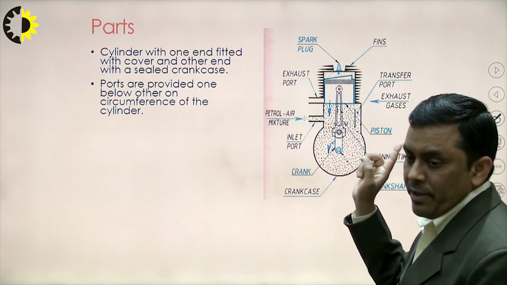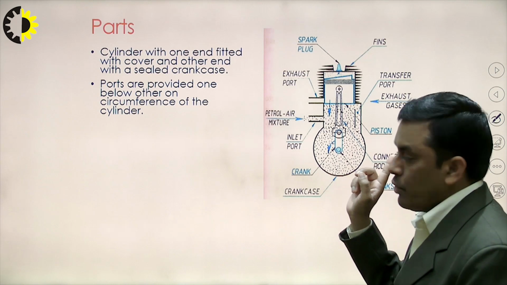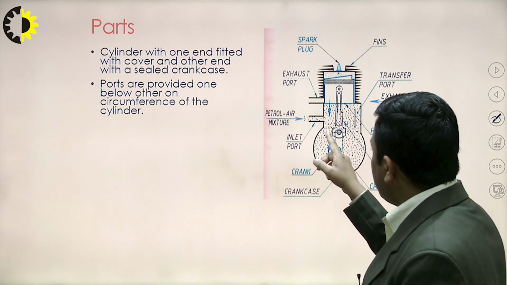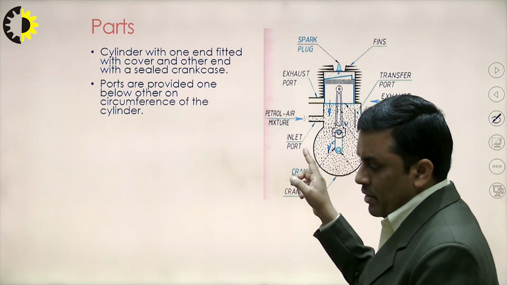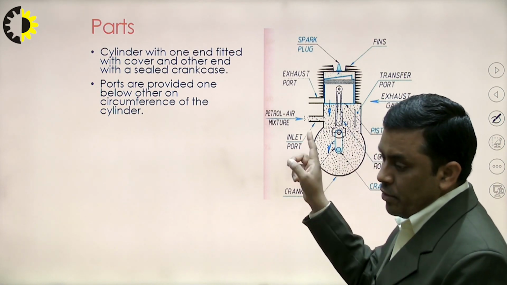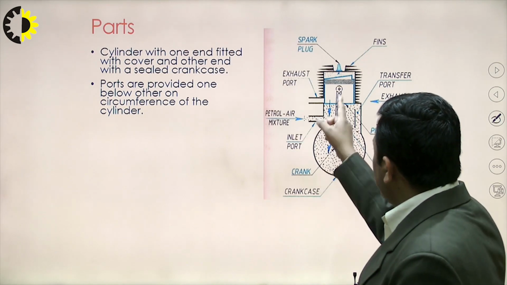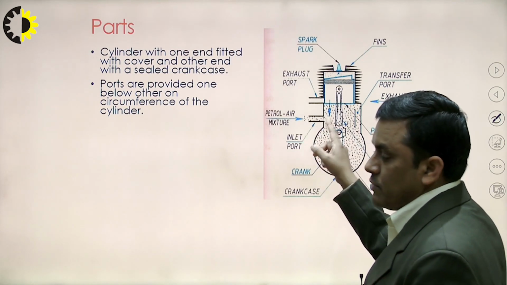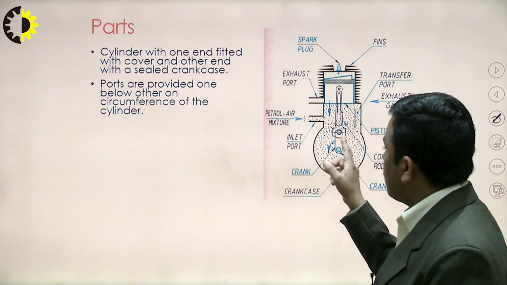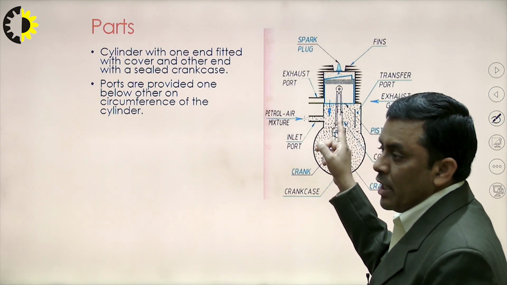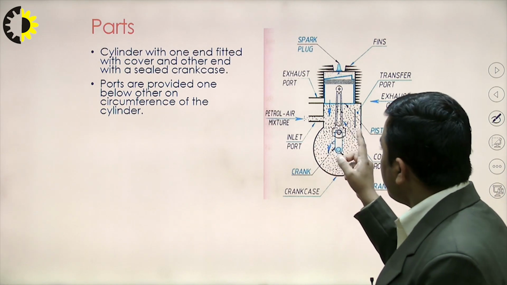The difference between 2-stroke and 4-stroke: in a 4-stroke engine we observe a valve actuating mechanism which is operated or controlled by the cam arrangement, but here instead of valves, instead of a separate valve actuating mechanism, we have ports: inlet port, outlet port and transfer port.